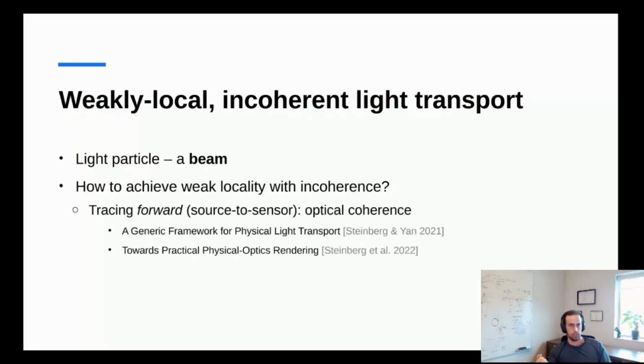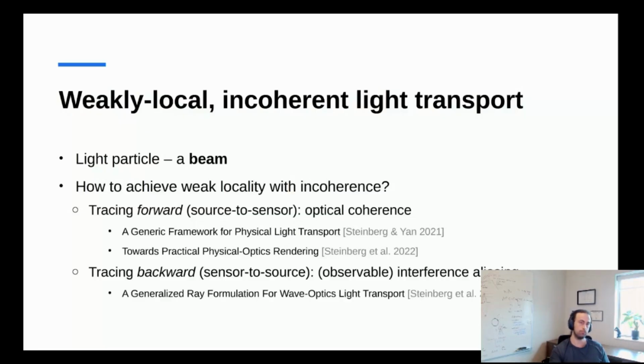In the past, I employed optical coherence in order to decompose light into mutually incoherent samples, where no observable interference arises across such samples. This applies to forward, as in emitter to sensor, light transport. Since then, the formulations have been unified into a bidirectional framework that is not limited to only forward tracing.